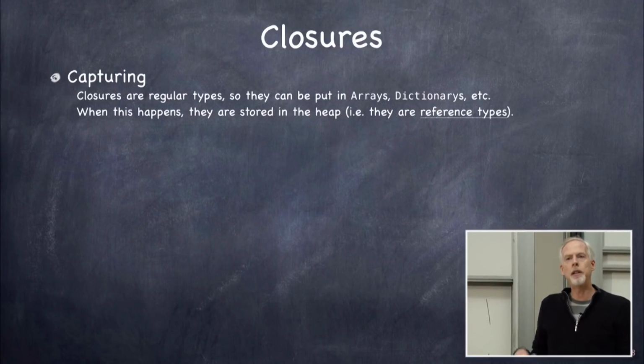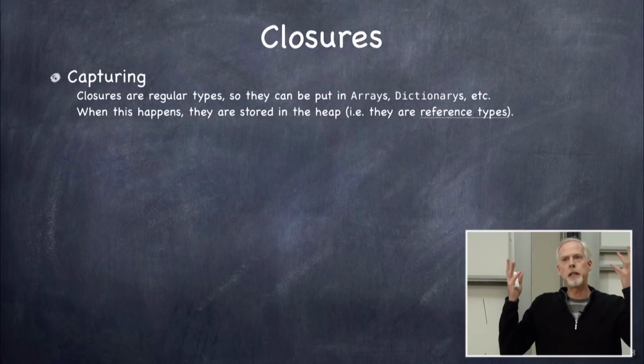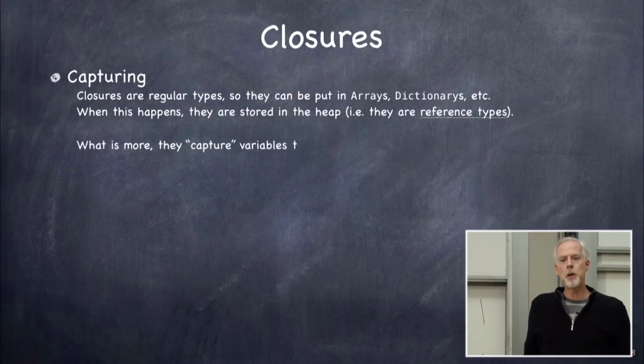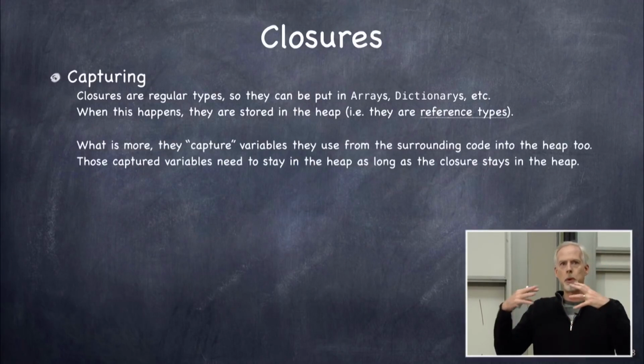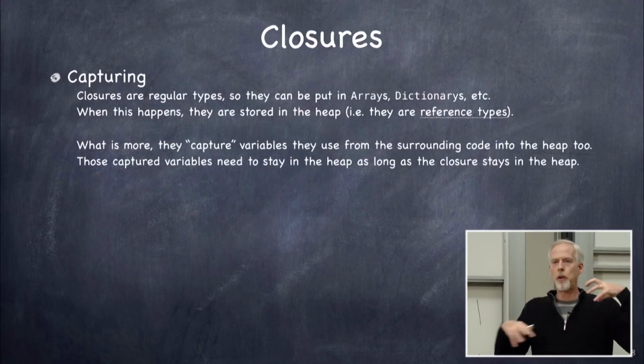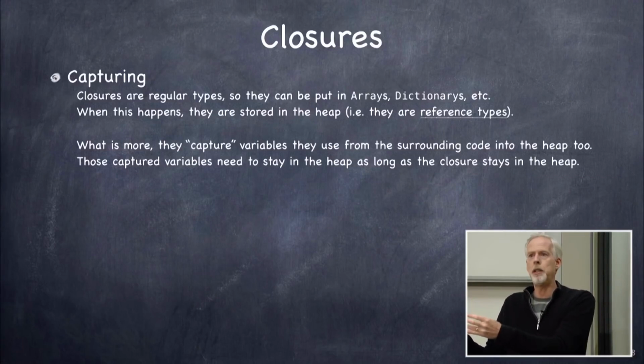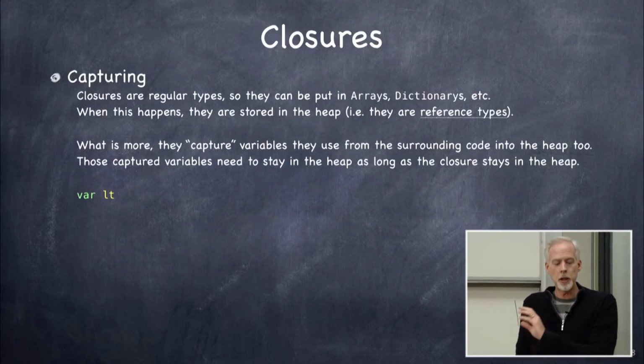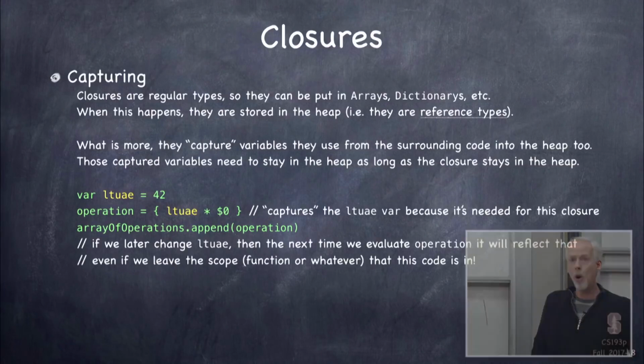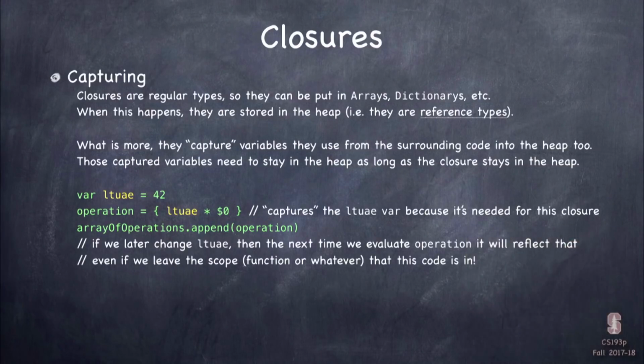Okay? Now this is a little mind-bending. I don't expect you to get this right at the top. But it also means that if you capture variables in your closure from your surrounding code, they have to live in the heap too. Because we can't have this closure not function, right? This function has to be a function that executes, okay? So here's an example of that. Here I have a local variable called LTUAE, life, the universe, and everything, I think that stands for. It's set to 42. Okay? And my operation, the closure there, says LTUAE times $0.